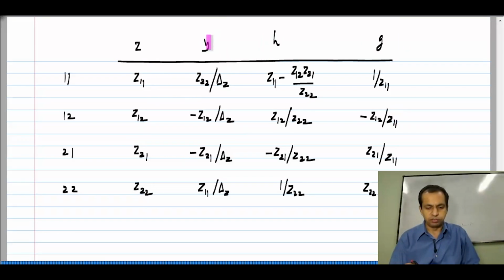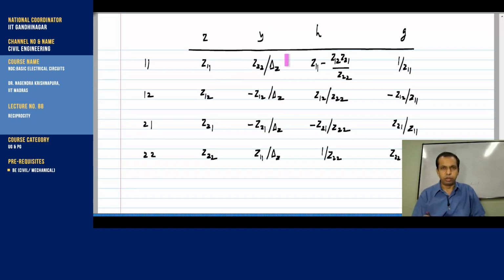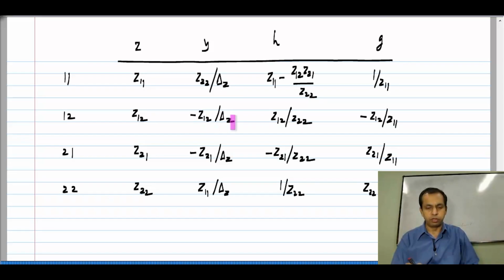For instance, if you look at Y11, you can get this by inverting the 2 by 2 matrix. Y11 turns out to be Z22 by delta Z, meaning the determinant of the Z parameter matrix. Similarly, Y12 turns out to be minus Z12 by delta Z, Y21 is minus Z21 by delta Z, and Y22 is Z11 by delta Z.